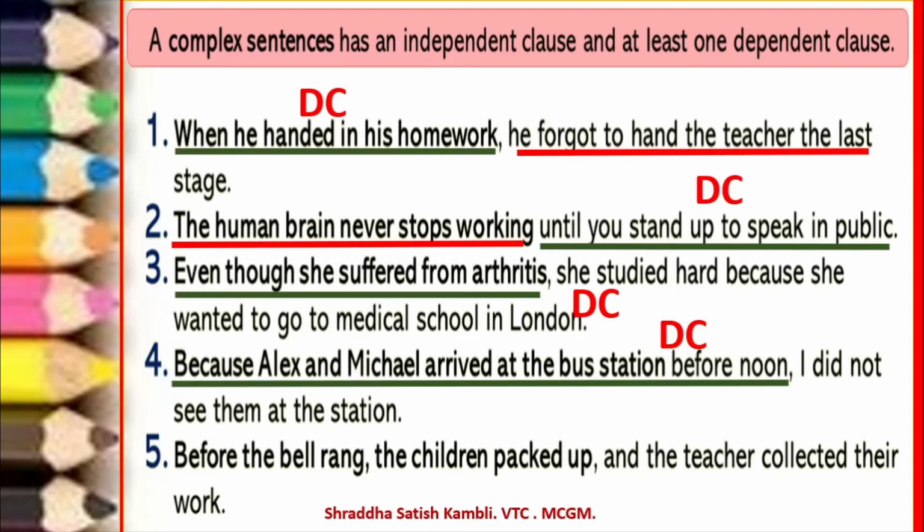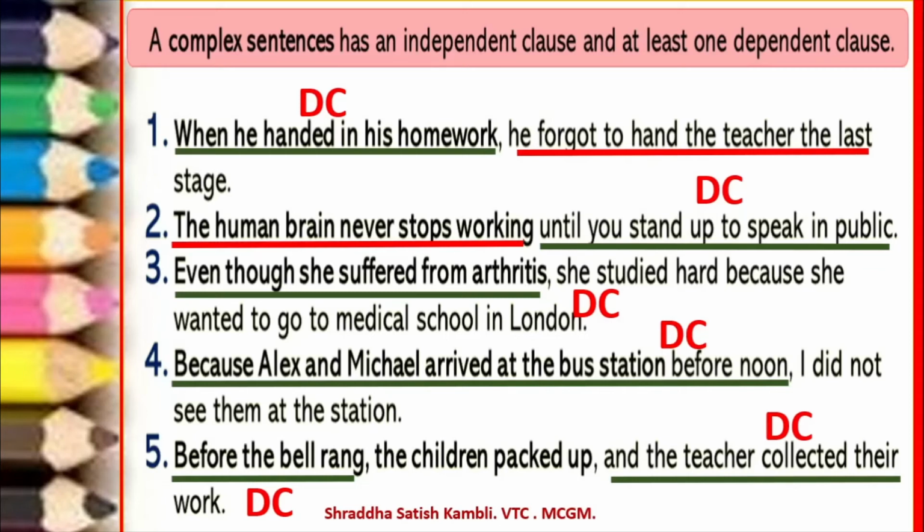So this is an example where we have more than one dependent clause. Which are they? Before the bell rang is one dependent clause, and the teacher collected their work is the next dependent clause. So which is the independent clause here? The children packed up. That is the independent clause.